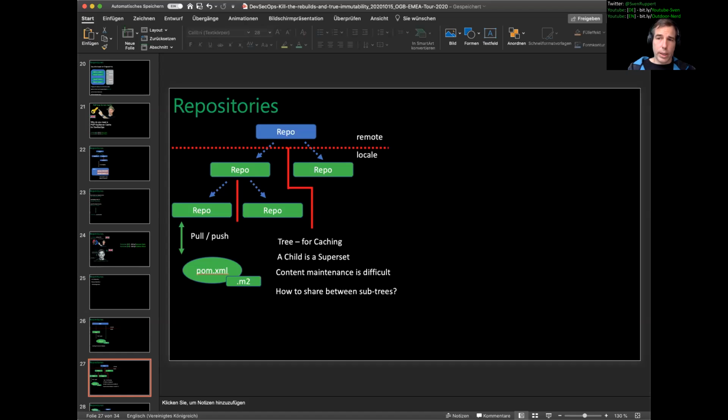So how to promote stuff. You are creating a library that should be used in a different part of the company, but you have this hierarchy. What is the right place to push stuff? For example, you're pushing now to your parent, and then the other part of the company is taking this parent as a remote one and grabbing this one down. So you have at least this round trip over the hierarchy inside your organization or inside your build steps or pipelines or whatever.